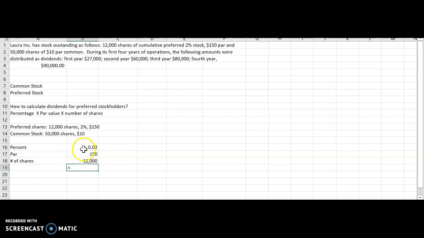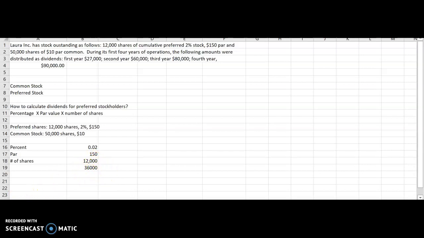So in your calculator, you're going to do 2% times 150 times 12,000, and the dollar amount of dividends promised to the preferred stockholders is $36,000. Now, you don't have to necessarily pay dividends, but if you do, the preferred stockholders are promised this amount.